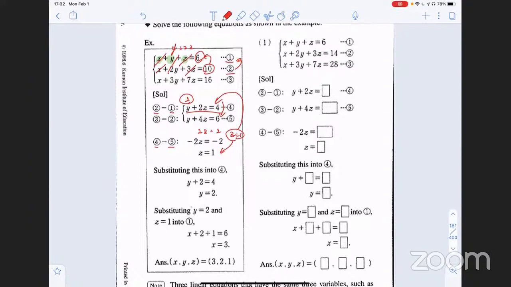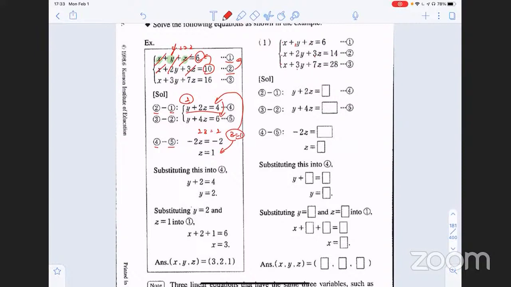Okay, so let's take a look. First, x, y, z, 6; x, 2y, 3z, 14; x, 3y, 7z. For me, all the coefficients: this is 1, this is 2, this is 3, this is 1, this is 3, this is 7, 1, 1, 1. So that gives me an idea that I need to get rid of x because it's the easiest to get rid of. So let's try this.